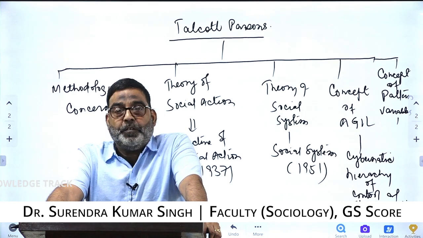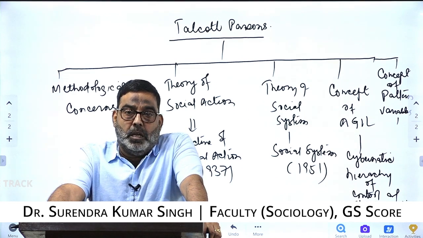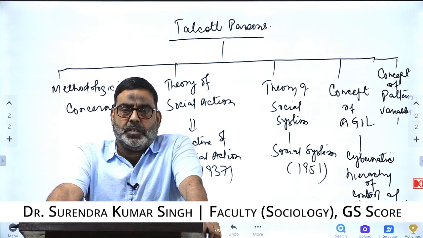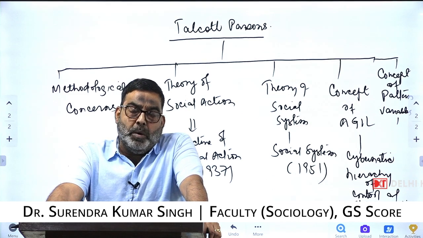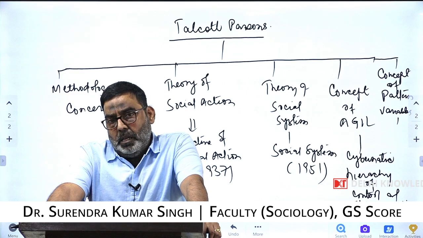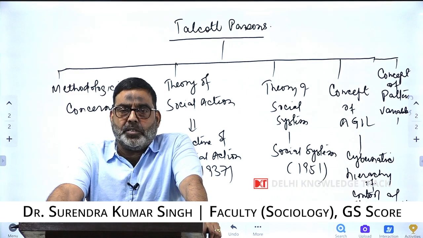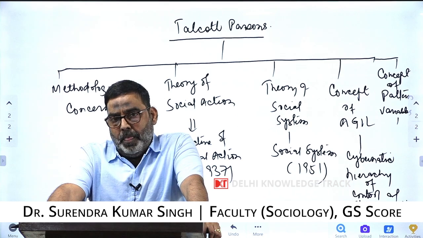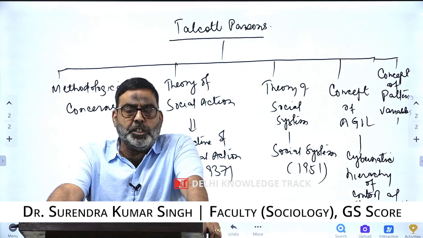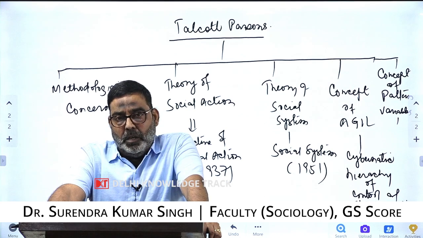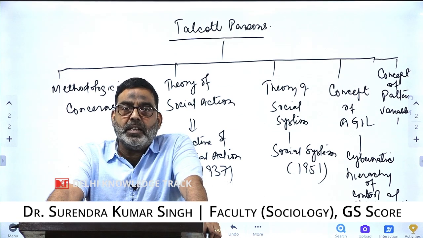In the decades of the 50s, Parsons and Merton both would be known for championing the concerns of structural functionalism. But as I said, the beginning of Parsons in sociology is The Structure of Social Action, 1937. Reformulation, reorientation, which sometimes has been accused as a deviation, we will find in Parsons in 1951.